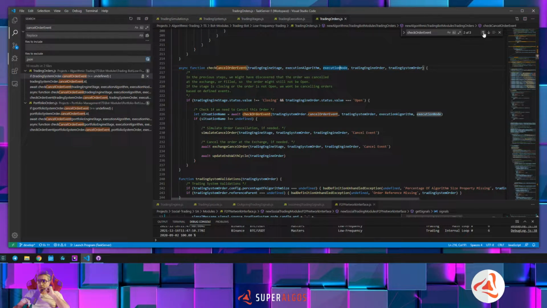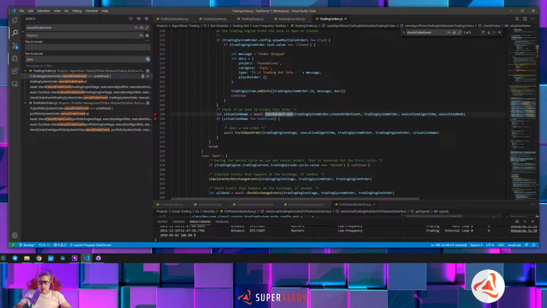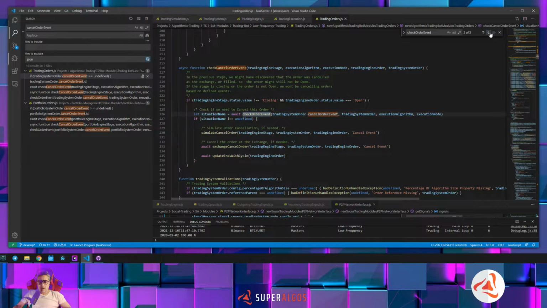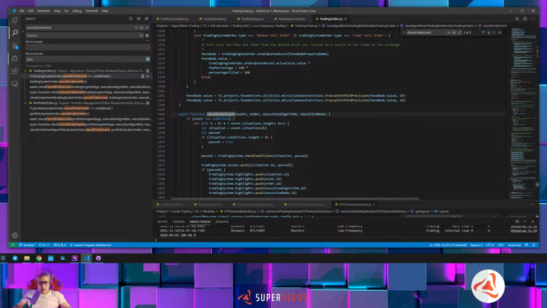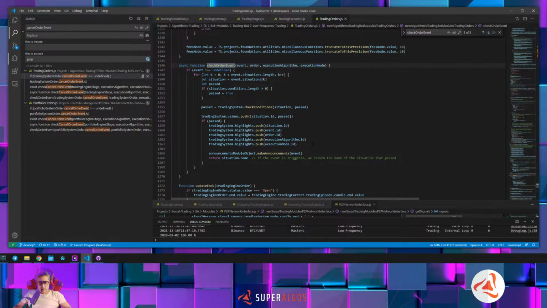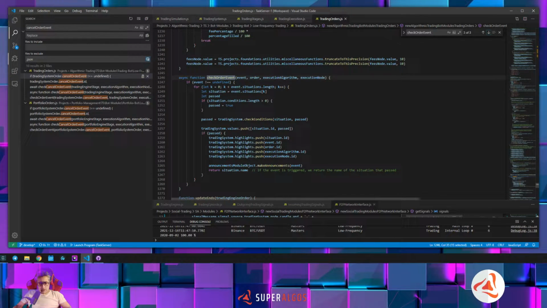Okay, hold on. Check order event. I want to find this guy. Okay, the code inside is very specific to iterating through the situations and conditions, inner conditions.